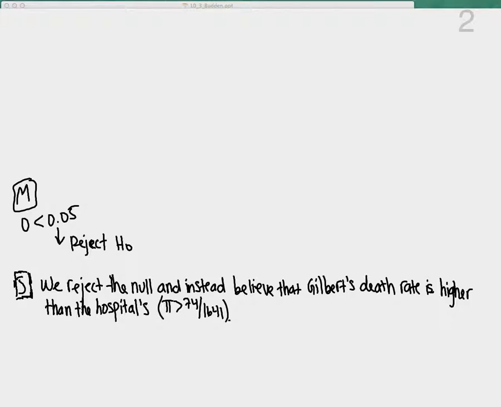Okay, so that is just explaining what it means that we reject the null. Now I'm going to explain this 0 part.